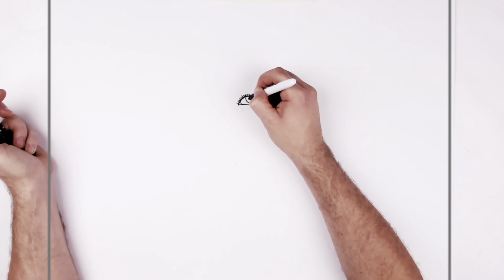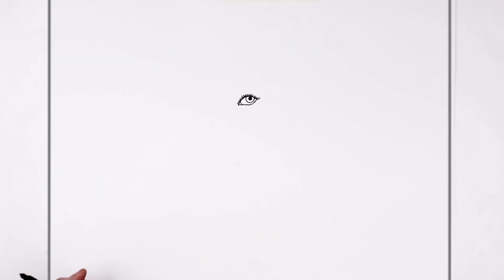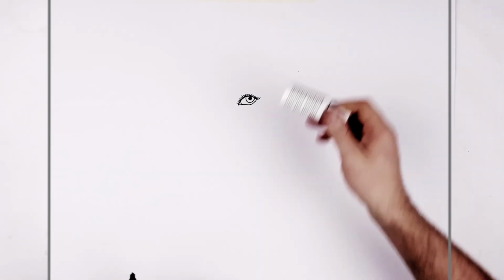If you get the pupil in the middle of the iris, it does make it look like the character's looking right at us, right? Okay, so roughly like that. And I just don't like the shape, I just want to fix that. So a bit more circular there now. There was just a bit of a bump on it that I didn't like.